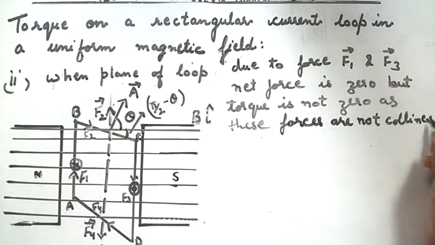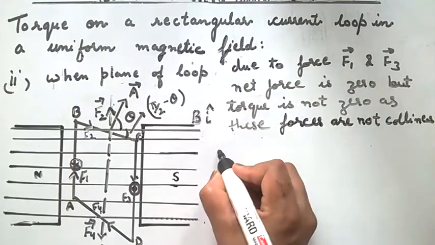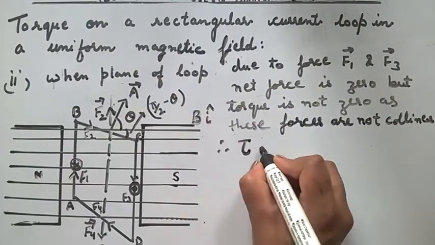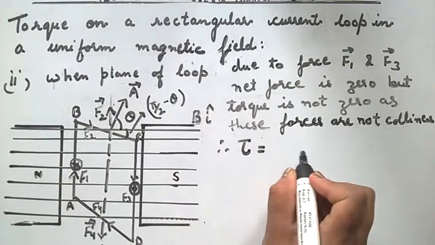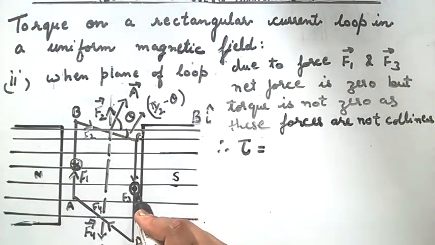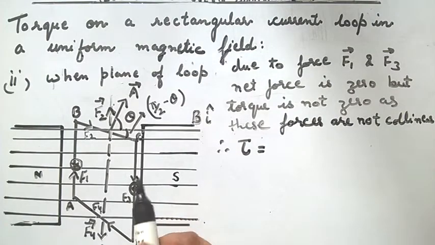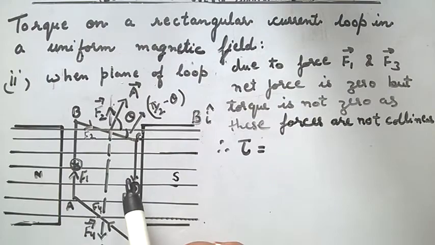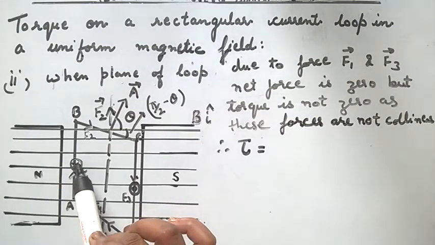Therefore, magnitude of torque is given by magnitude of either of the two opposite forces which are not collinear into perpendicular distance between their line of action. Now here let's find the perpendicular distance. First write the formula.